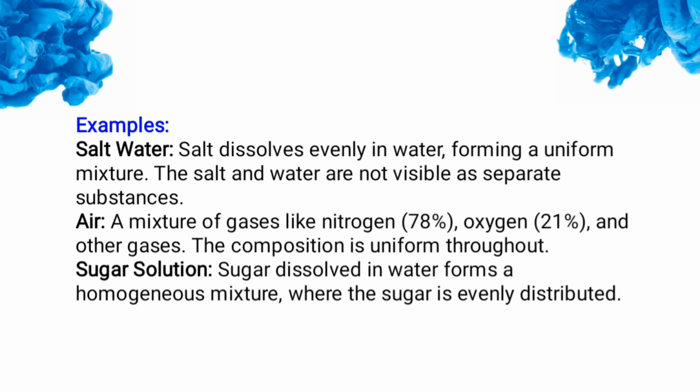The composition is uniform throughout. Sugar solution. Sugar dissolved in water forms a homogeneous mixture where the sugar is evenly distributed. My dear student, solutions are a common type of homogeneous mixture where a solute dissolves in a solvent.